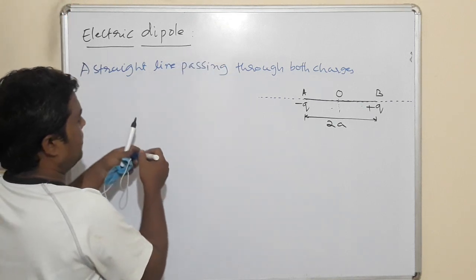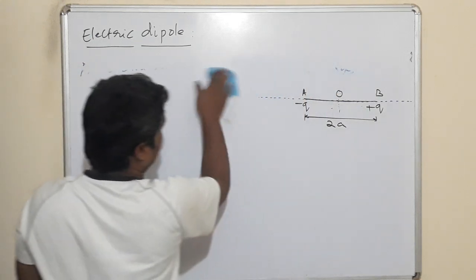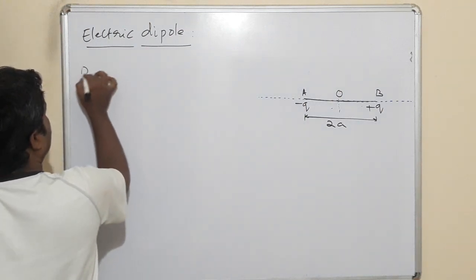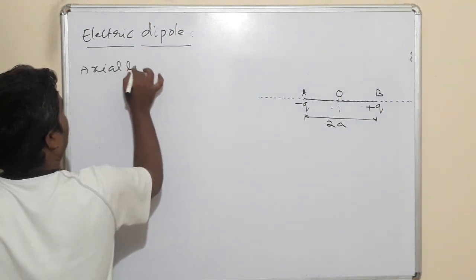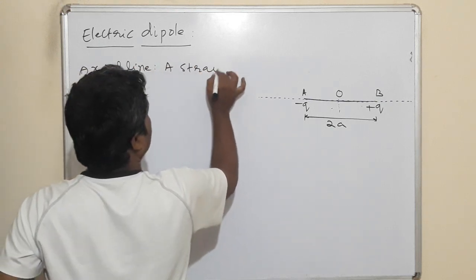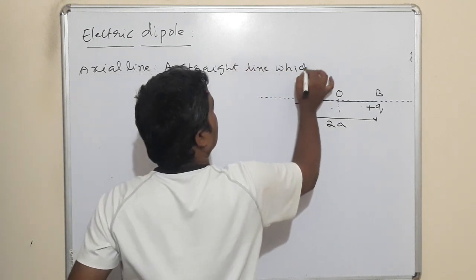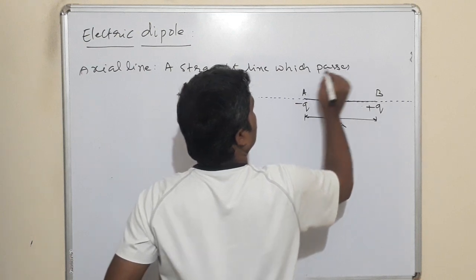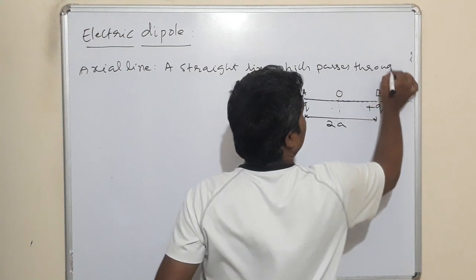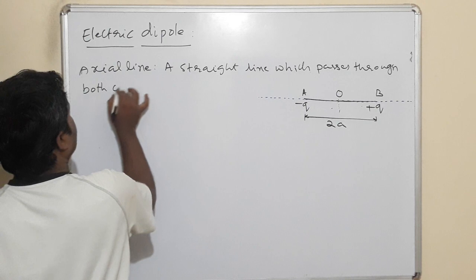See here, what is axial line? It is a straight line, whatever I have drawn with this blue marker. Axial line means a straight line which passes through both the charges, which passes through both points A and B like that.